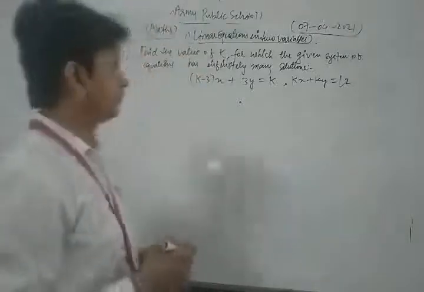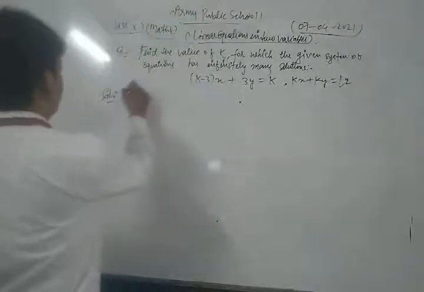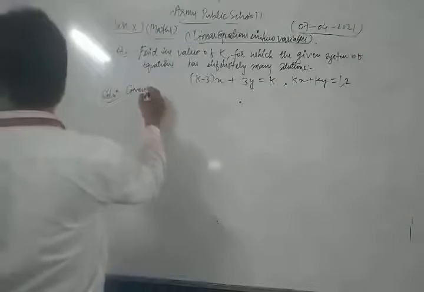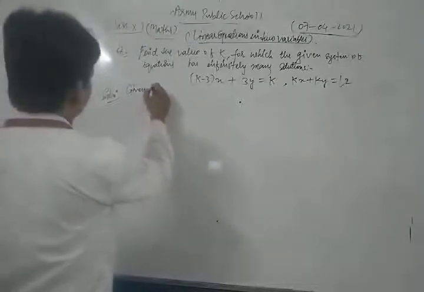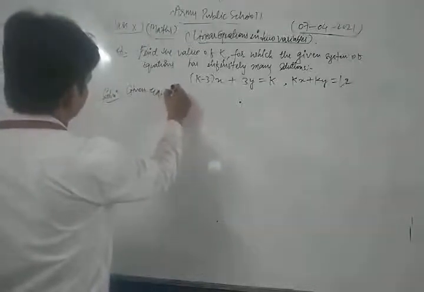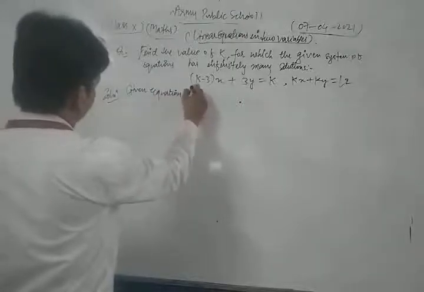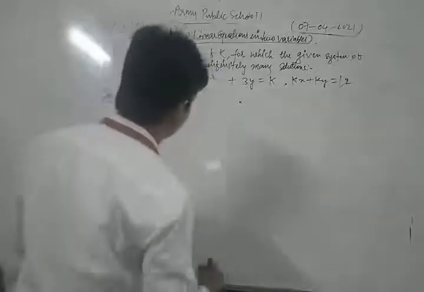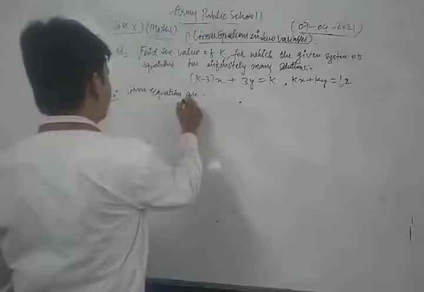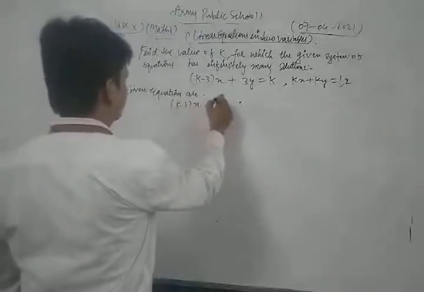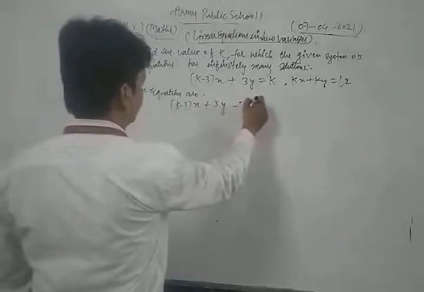Now, the given equations are: (k minus 3) into x plus 3y minus k is equal to 0.